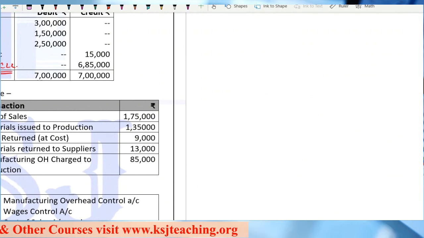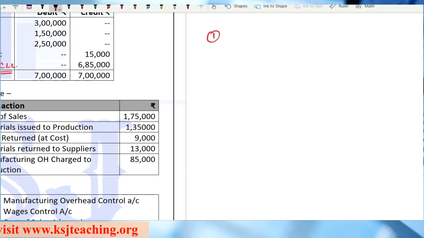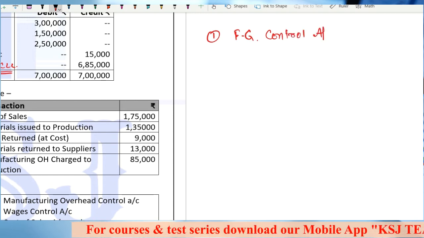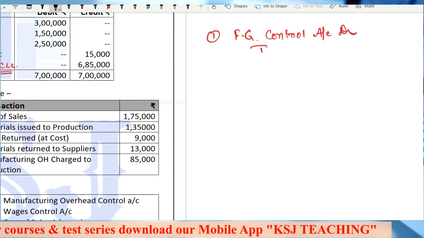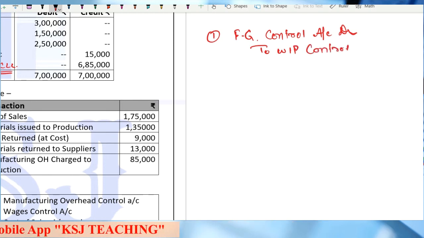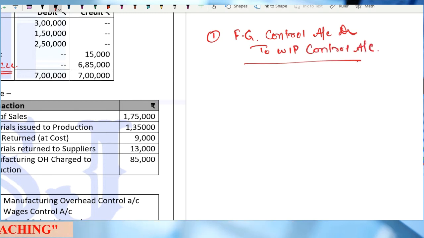The journal entry will be: my finished goods will increase, so finished goods control account debit to WIP control account. Any doubts in this? This will be the journal entry.